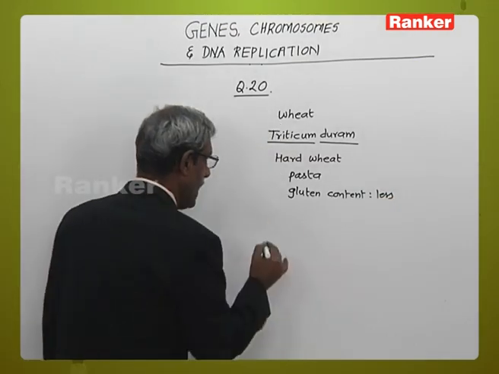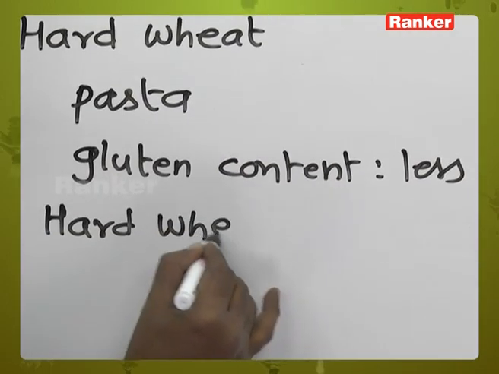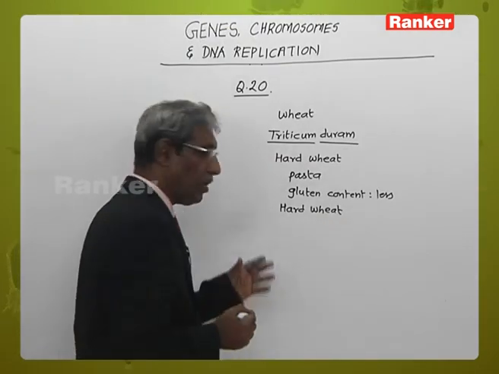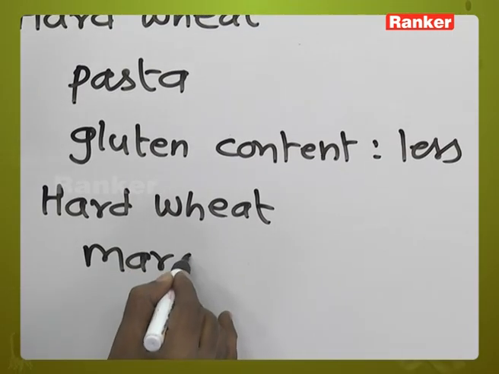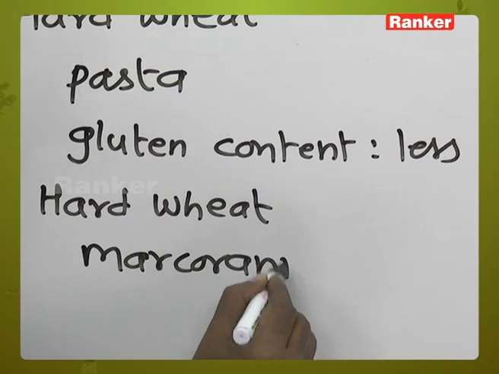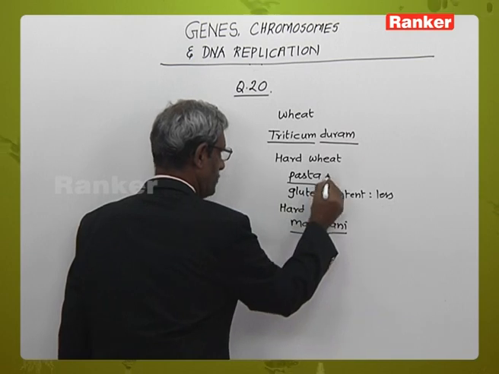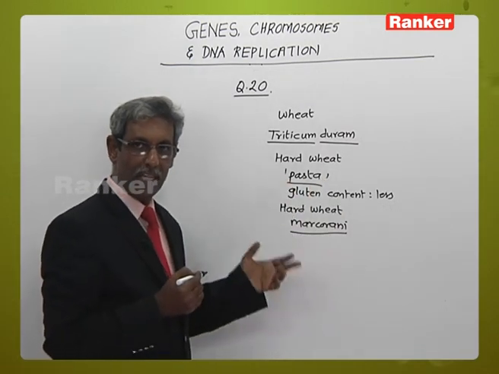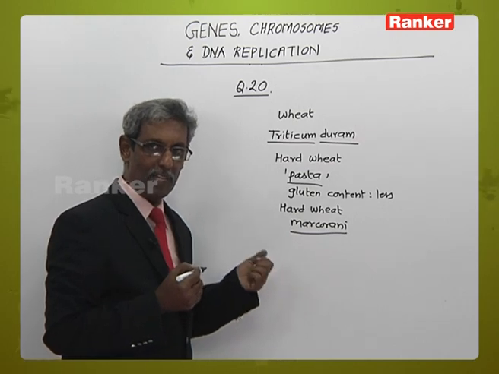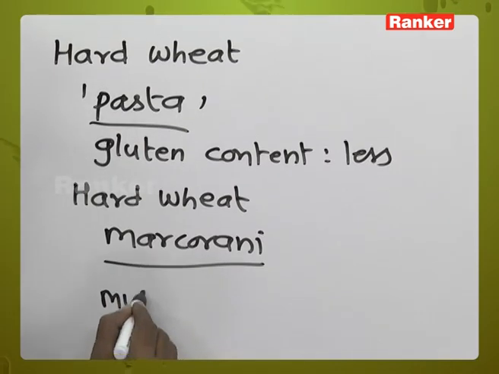So, it makes hard wheats, which is also made with relation to certain compounds called macaroni food. So, macaroni food and pasta is primarily derived from Triticum durum, and Triticum durum is one of the wheat varieties which has been improved by means of mutation breeding.